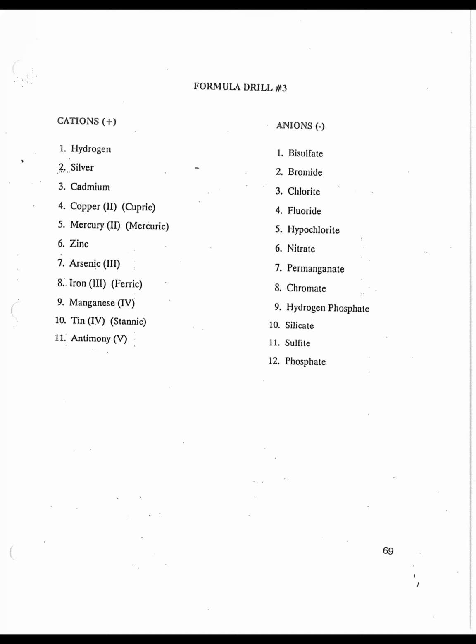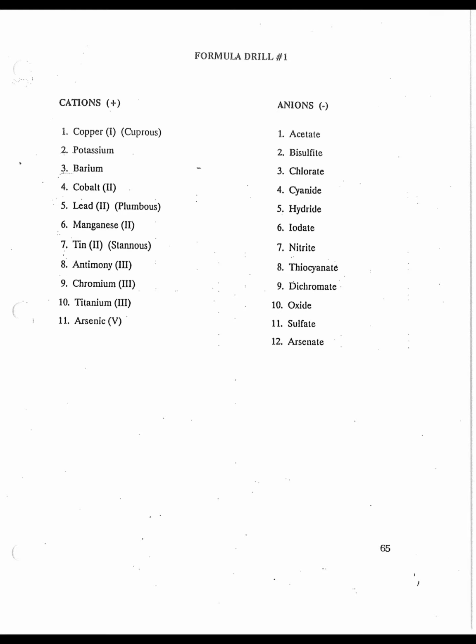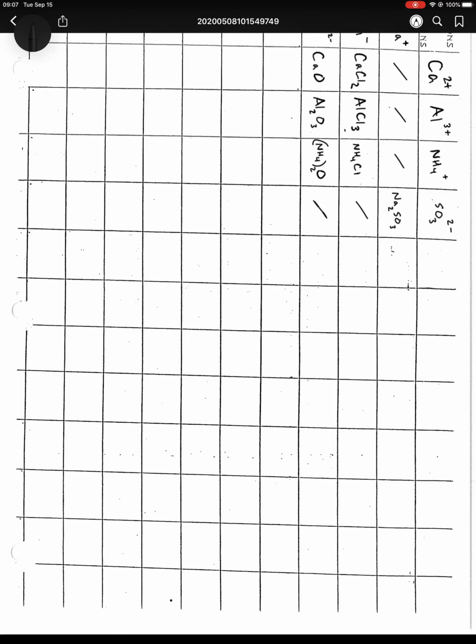What it's intended for you to do with these is to copy the cations down on one side and the anions across on the other side. You can see I started that a little bit. What I was doing was mixing them to make it a little more interesting. I'll give you an example. I don't have that list open in front of me, because clearly I have this out for you guys to look at.